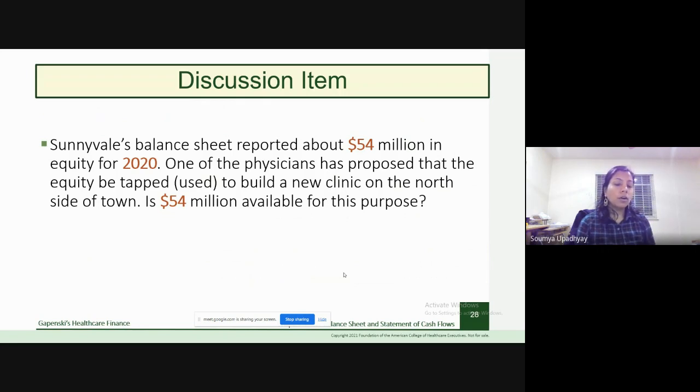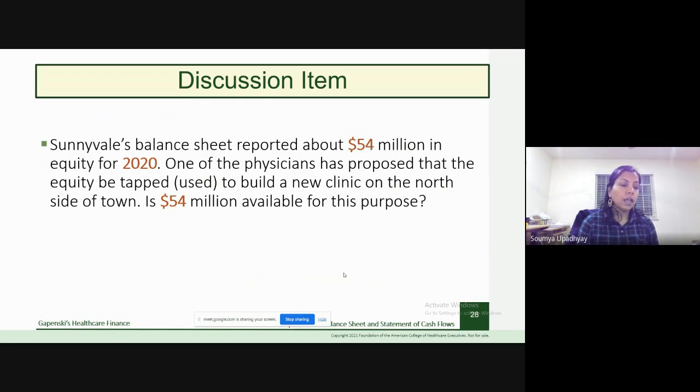Or this money may have been used to fund something else already, which the physician does not know about. So we don't know if this money is available for this purpose or not. Remember that equity is a retained earning. It is a claim against assets, and it may not necessarily be readily available.